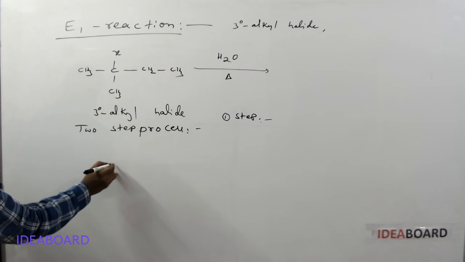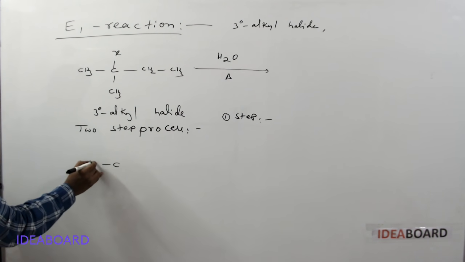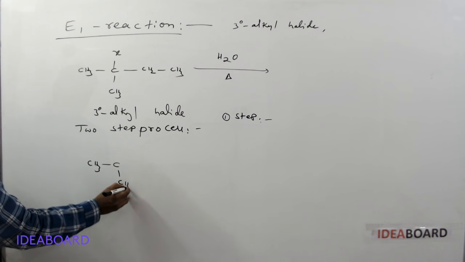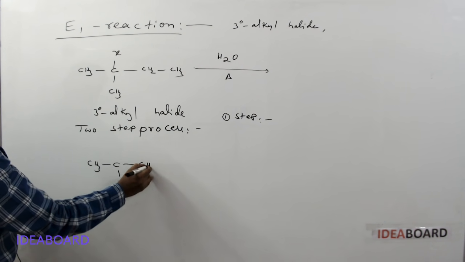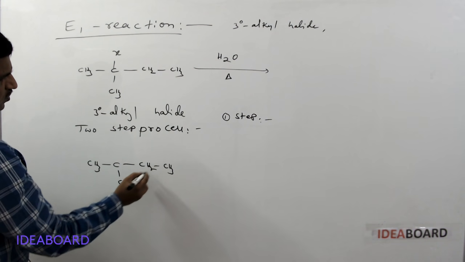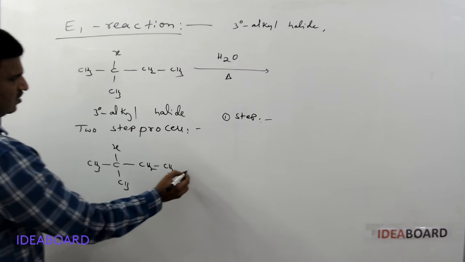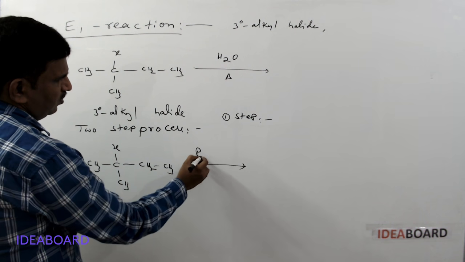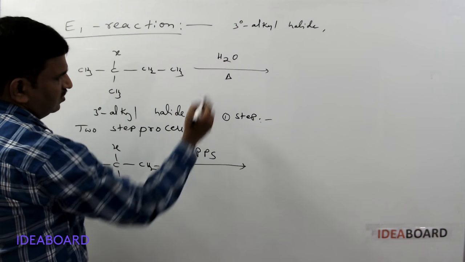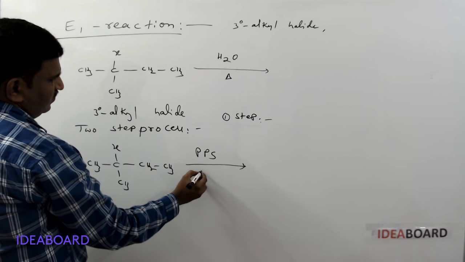Here CH3 and CH2CH3 we have, and this is a halogen, in the presence of a polar protic solvent, and water is also a polar protic solvent.